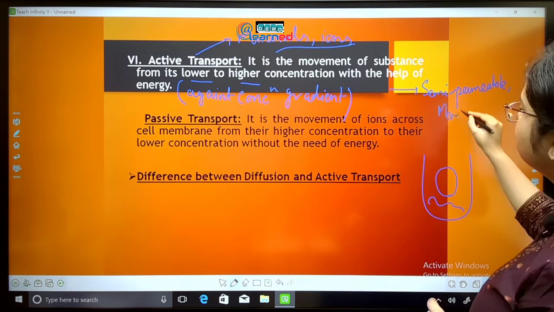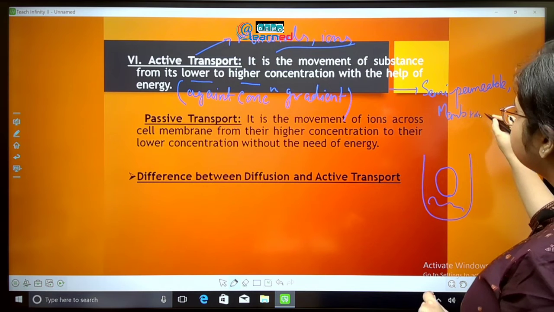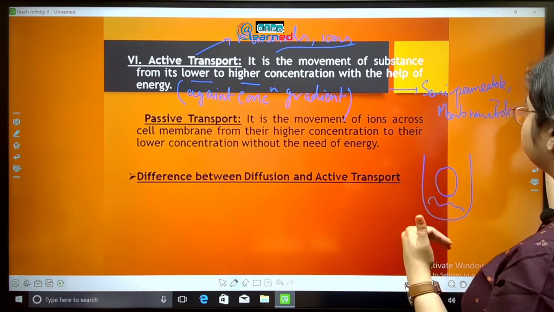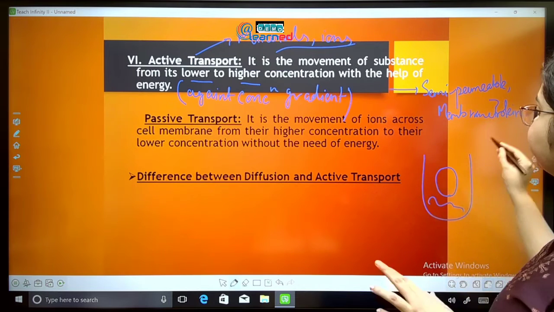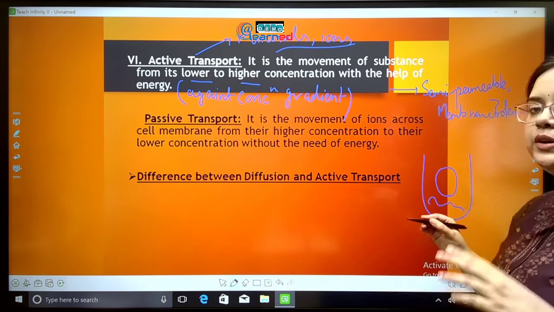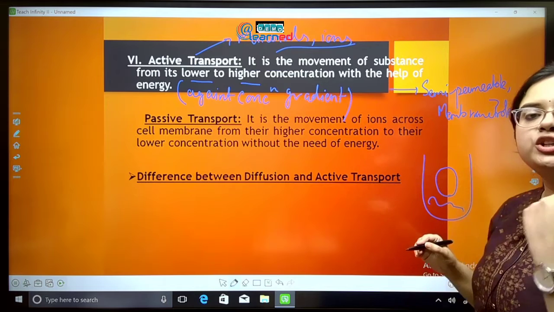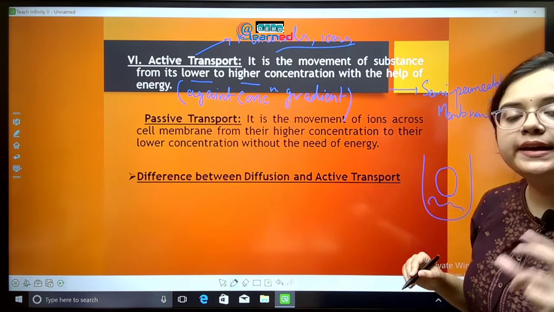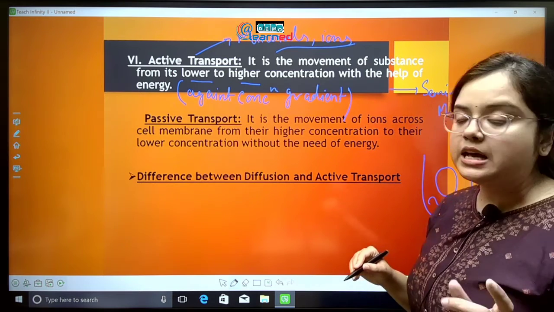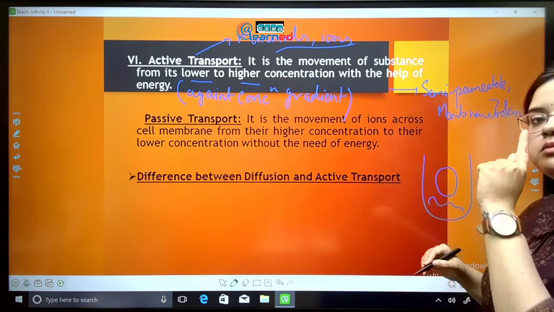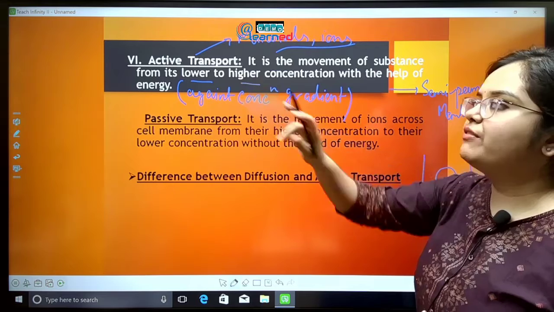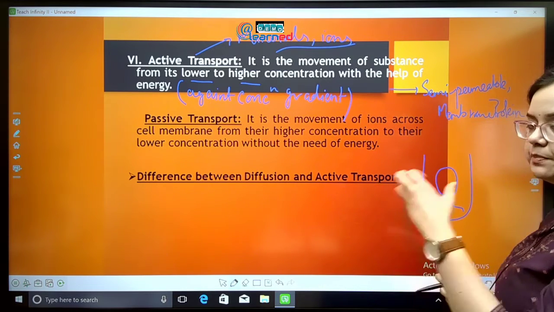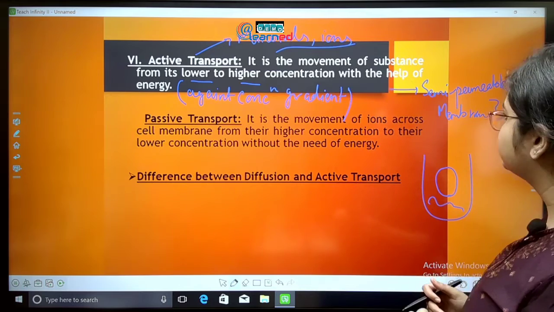I am writing all the important terminologies down that need to be included in the broader definition. Membrane proteins are embedded in the membrane, taking these molecules inside from low to high against the concentration gradient with the help of ATP. The minerals also get transported with the help of ATP when the plant takes up the minerals from the soil.